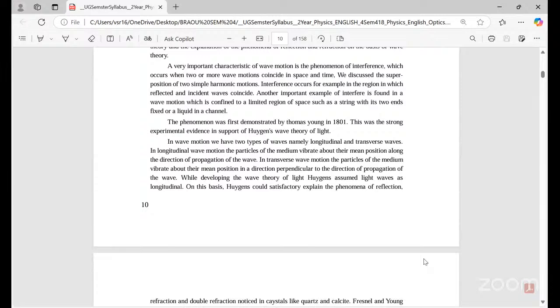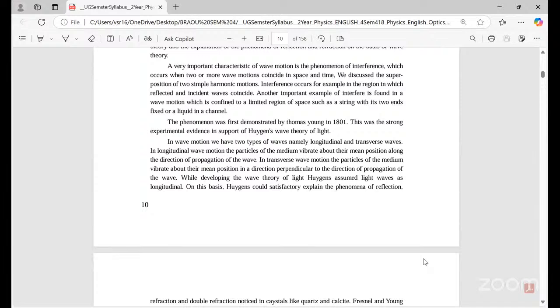So what do you mean by transverse wave? If the vibration of the particles is in one direction perpendicular to the direction in which the wave is propagating, then that type of wave is nothing but a transverse wave. What do you observe in the case of a transverse wave? Crest and trough. Okay. So that is to be observed. So in a transverse wave, the particles of the medium vibrate about their mean position in a direction perpendicular to the direction of the propagation.